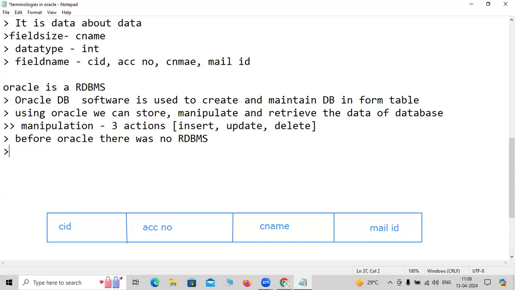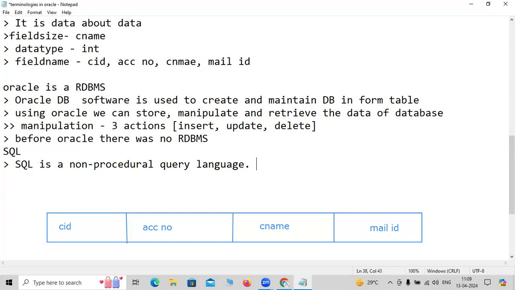So now we will see what is SQL. SQL is a non-procedural query language. What is a non-procedural query language?